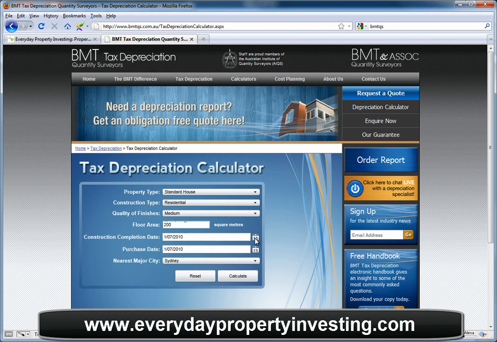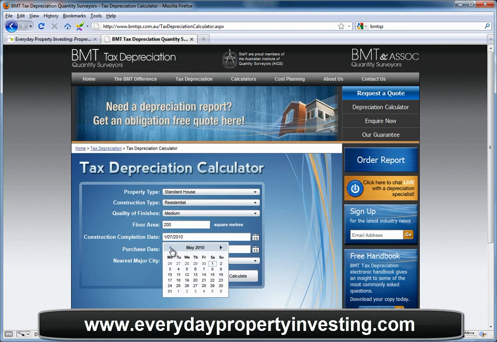If you don't know when it was constructed, just ring the real estate agent. Get gutsy, make a few phone calls. It doesn't hurt. Let the agent know you're looking at it and you need to know the date of construction to work out your figures. Usually they'll be able to tell you that information or obtain it and get back to you.